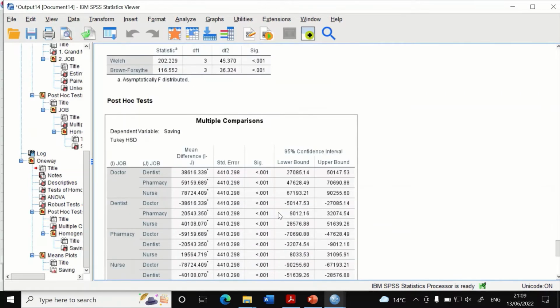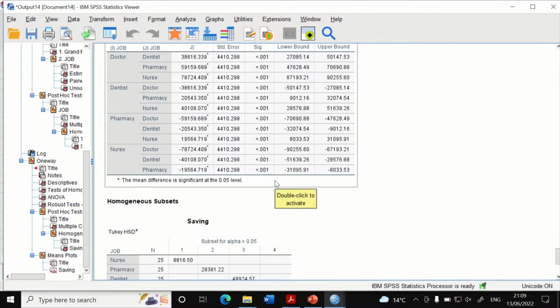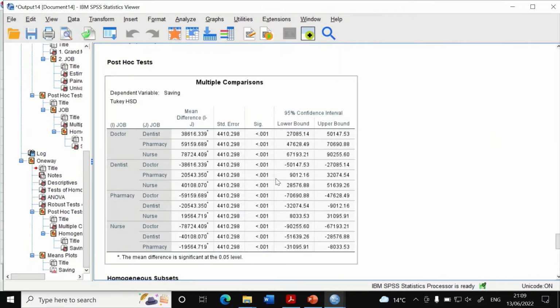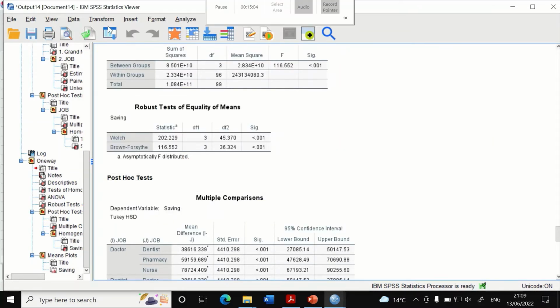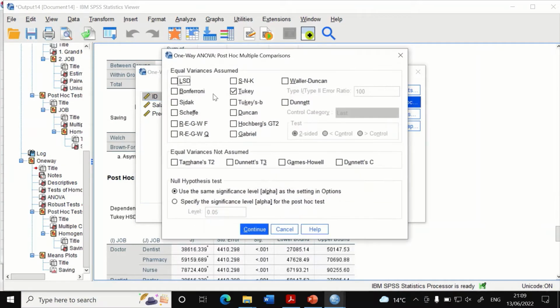And to look at the comparison between all possible combinations of groups, since there is no homogeneity, we have to visit this again. We need to select the post hoc here, since we know that there are unequal variances.